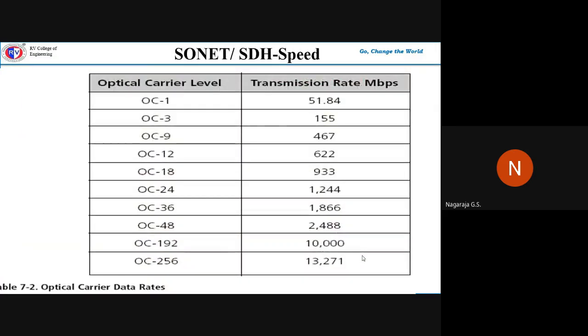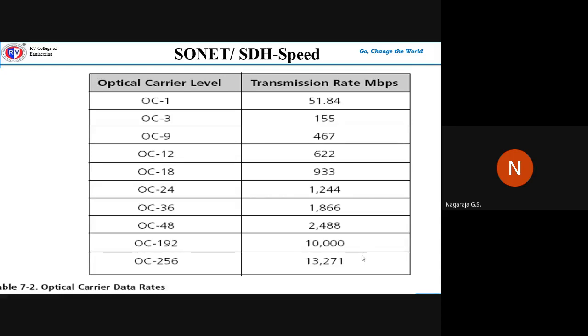These are all the different transmission speeds your optical cable provides as and when you use the different cables. OC1 speed is 51.84 megabits per second. OC3, 155 megabits per second.